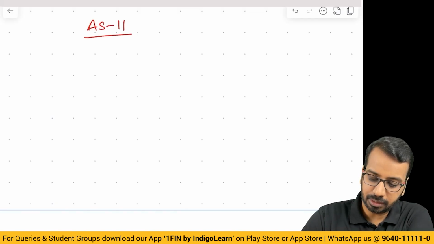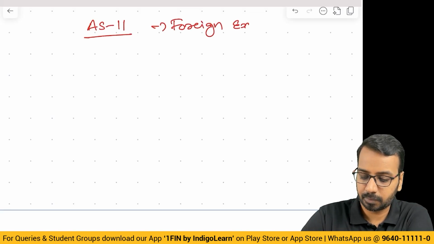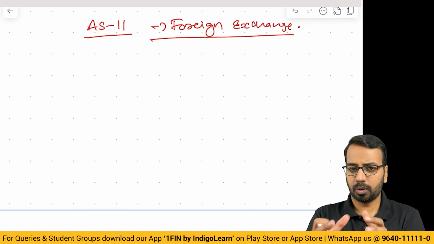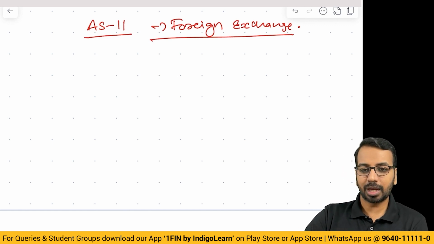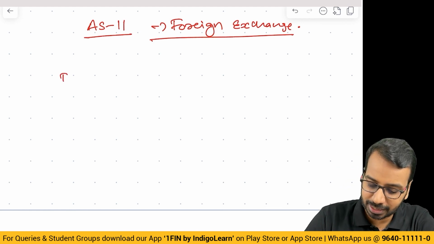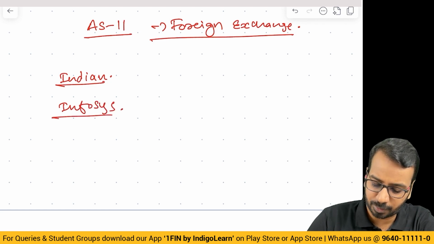Accounting Standard 11, we are talking about foreign exchange. A lot of time what happens is companies... when I am giving examples, I will give you Indian specific examples so that you can manage that well in the examination as well, right? So let us say there is an Indian company, assume it is Infosys or TCS, whatever company.